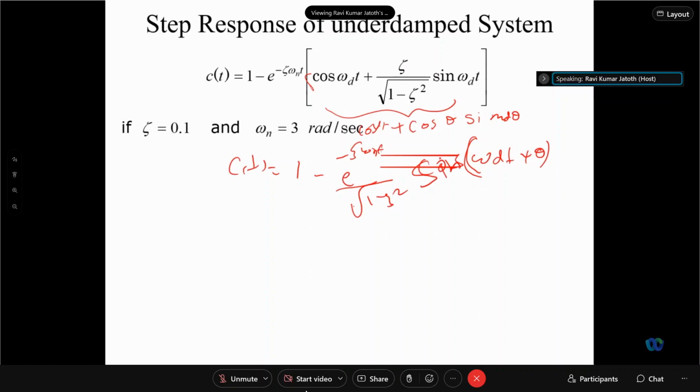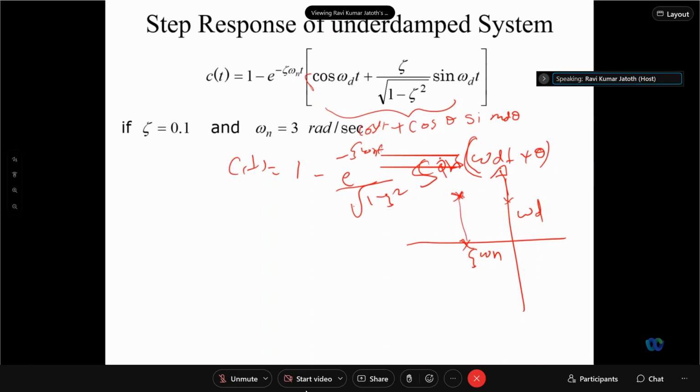So under root 1 minus zeta square, what can you write from here? This is zeta omega n, this is omega d, this distance is omega d.